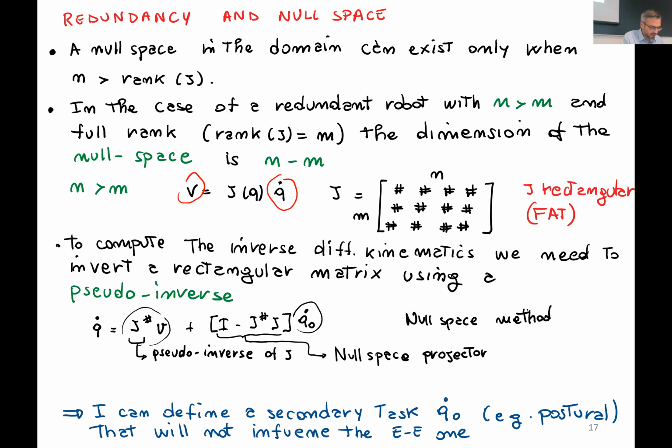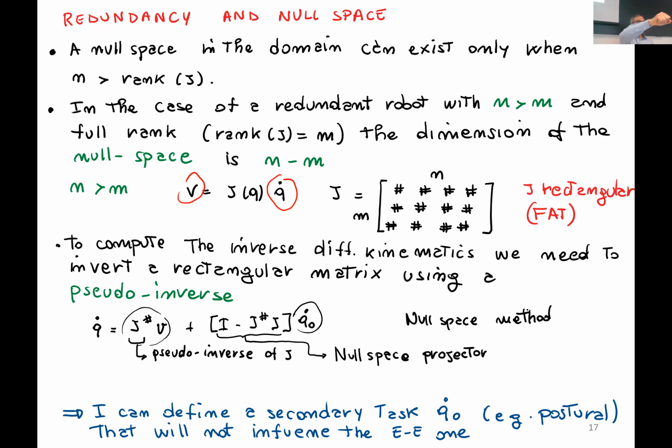Then, what can we do with this other task? We can define, for example, a secondary task, such as a postural task that will not influence the end effector. So think about it: we want to try to achieve some favored configuration that maximizes dexterity.